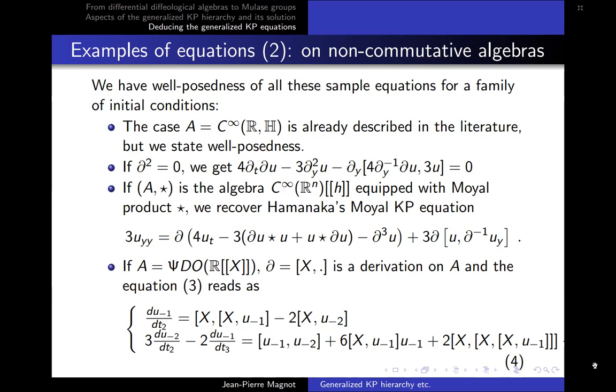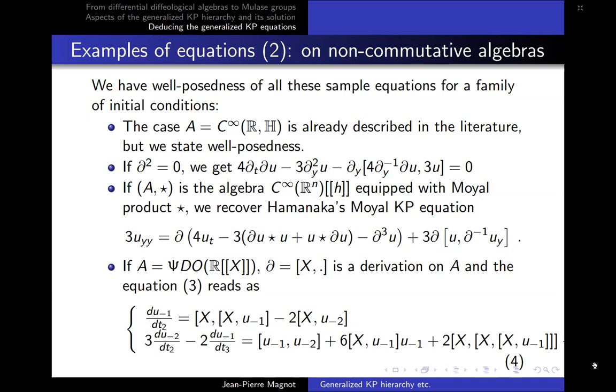Again, we have well-posedness. And let me finish this page with an example. Well, I feel that it was like a challenge between me and the other collaborators. If we take an algebra of pseudo-differential operators.